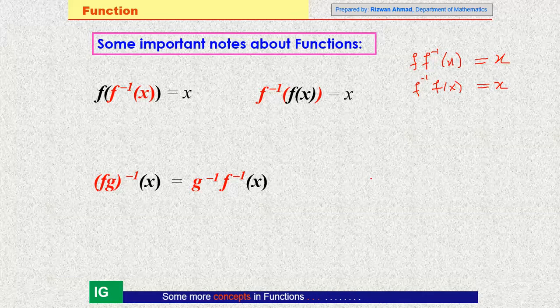If I explain with another example, if it is f h whole inverse of x, we change the order of f h to h f, and then we write the individual inverses on them. So this is another fact about this. Okay, I hope you have understood these.